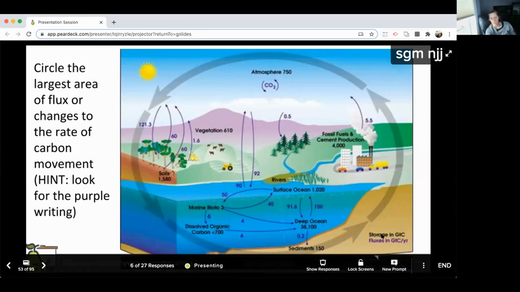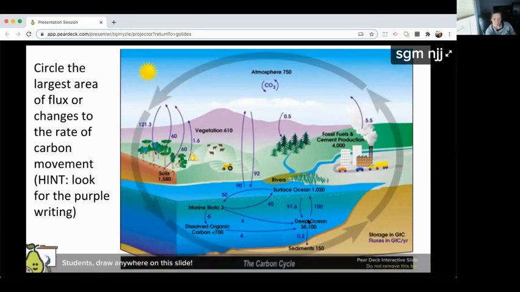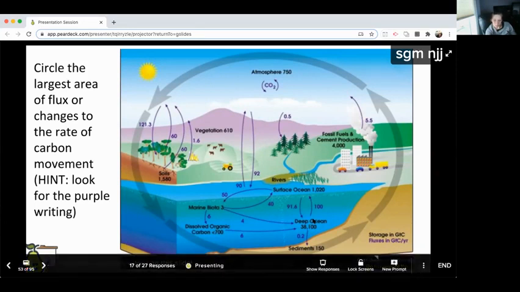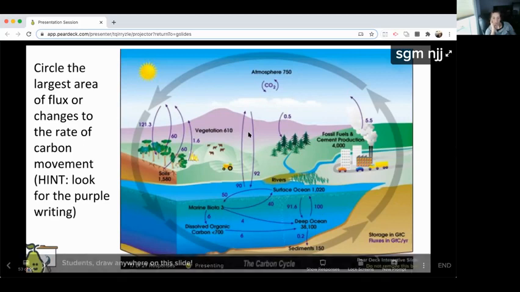So this is where you look for these numbers, and you can notice that we have a lot in our ocean being stored in these sediments and rock. But the flux is what's on these arrows. So where is the flux?